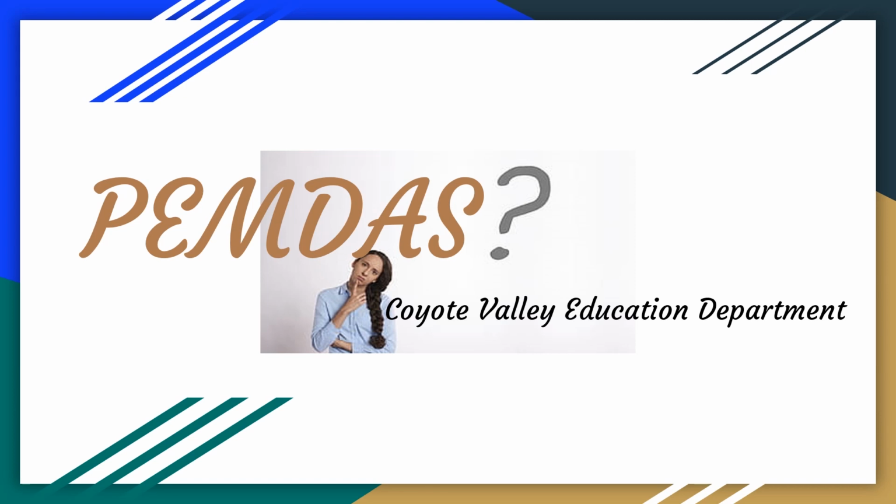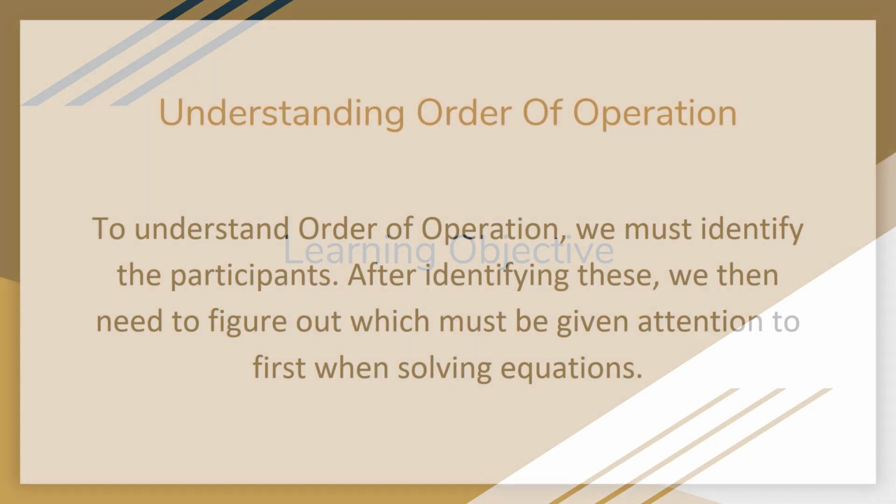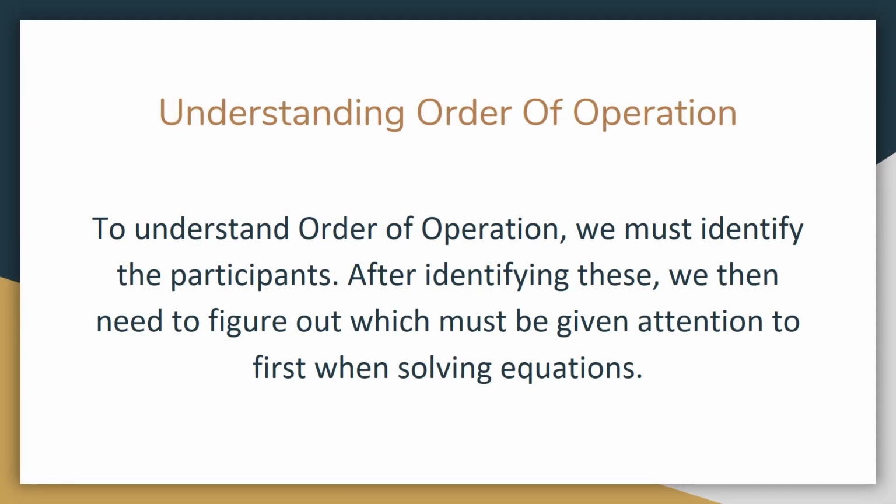All right. So the first topic that we're gonna be discussing or making a video on is the PEMDAS system. PEMDAS is a way that we have to follow things in the math world. It's the structure that we have to follow. On this slide here, you see it's under understanding order of operation. To understand order of operation, we must identify the participants.